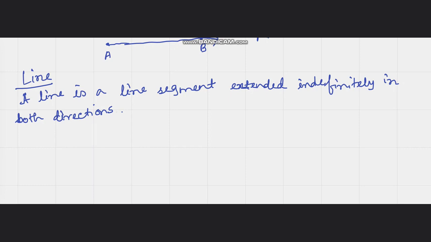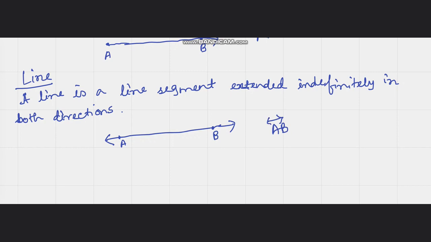So a line, we can represent it like this. It doesn't have any endpoint, so we can extend it in any direction. So we will use an arrow in both directions, and if we take 2 points on this line, we can denote the line as AB, and on top of it we will use both arrows.